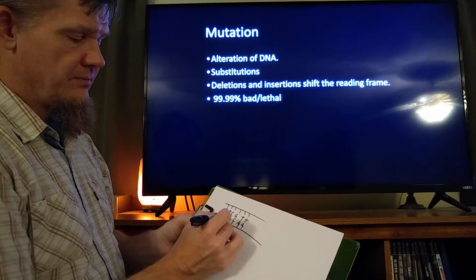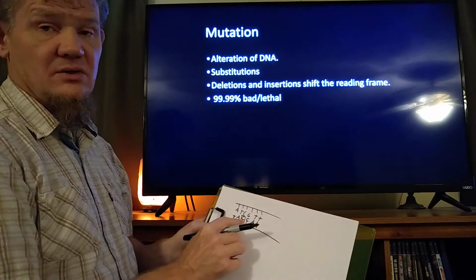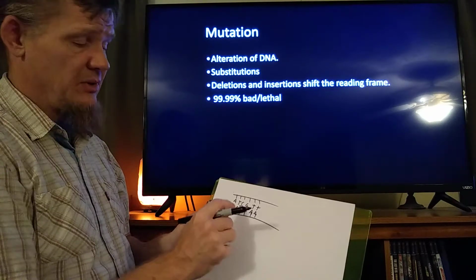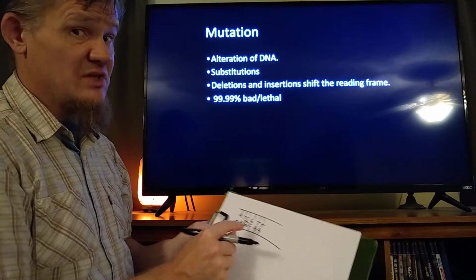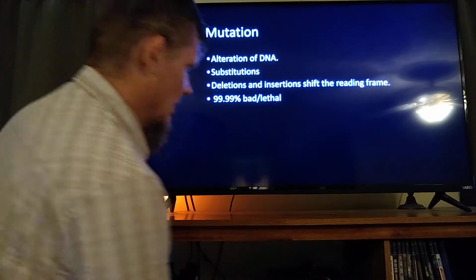This right here is a substitution. That's supposed to be a G, but I put a C there in the wrong spot. Sometimes you hit the wrong letter. That's a substitution, and that's a mutation.